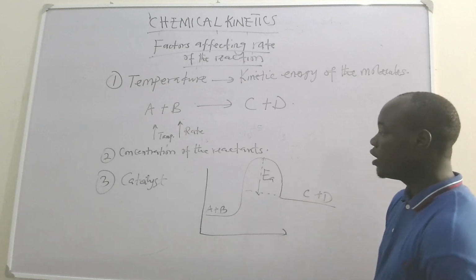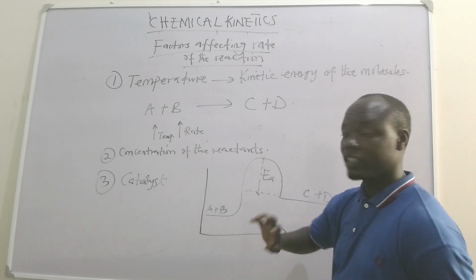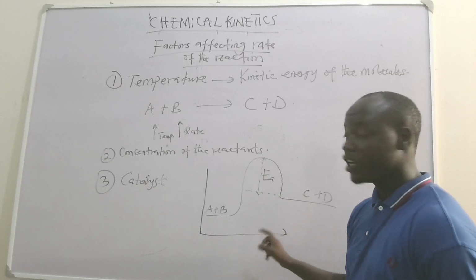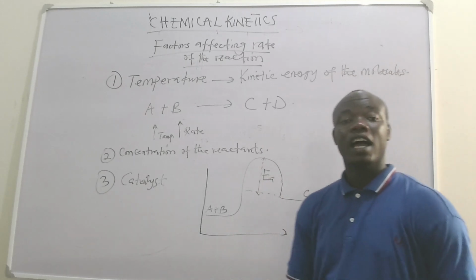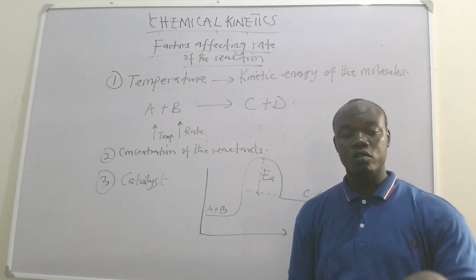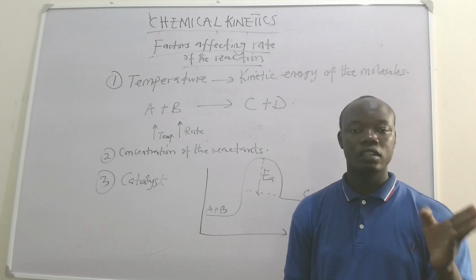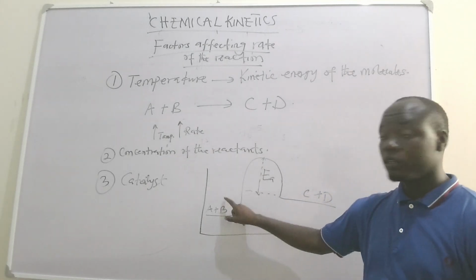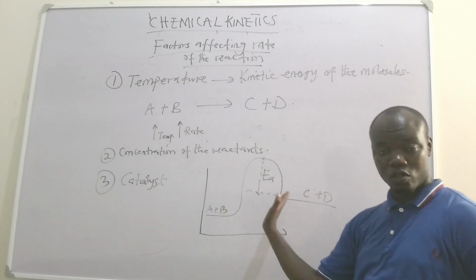The presence of the catalysts generally decreases the activation energy. And what is activation energy? Activation energy is the energy barrier that must be overcome before the reaction takes place. It's an energy barrier that the reacting molecules must cross.